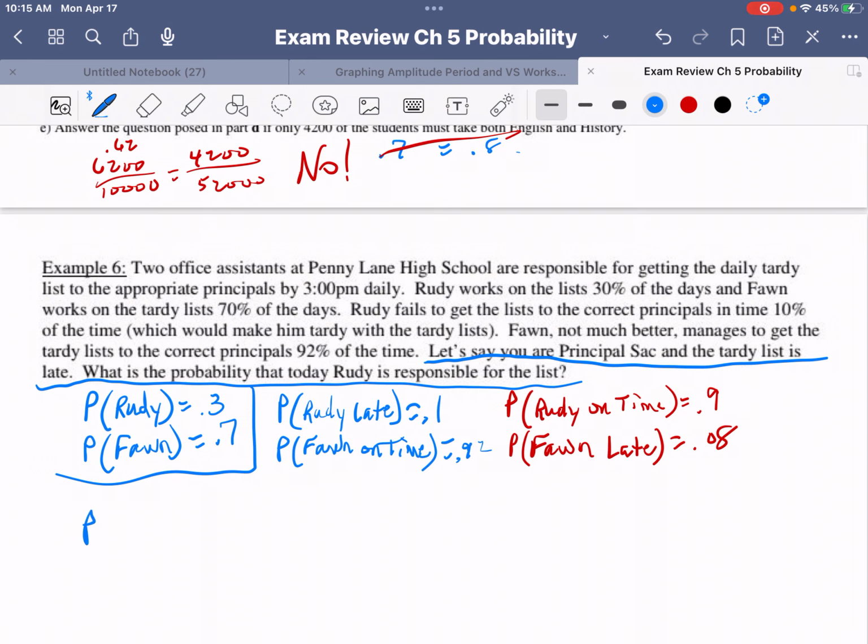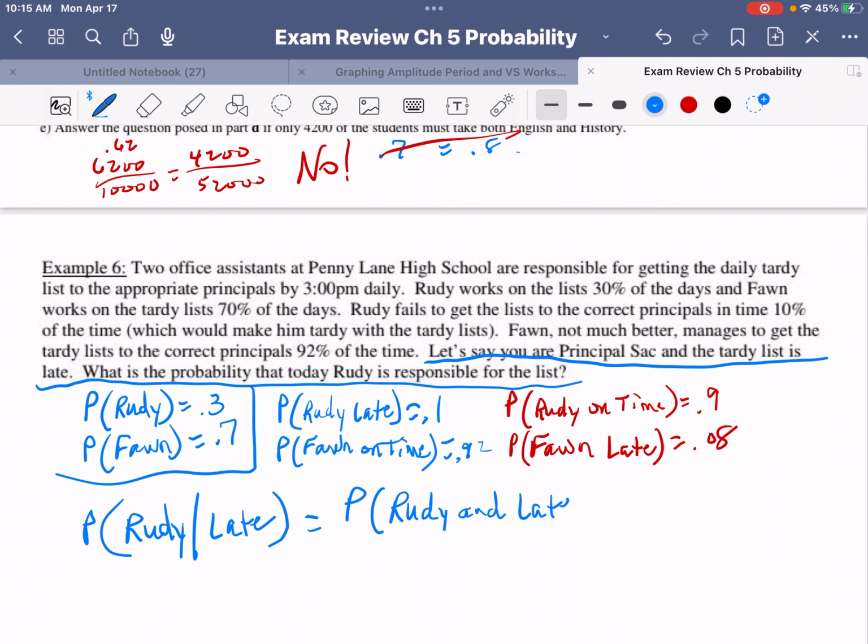What is the probability that it was Rudy given that the list was late? That would be equal to the probability of Rudy and late divided by the probability of late.